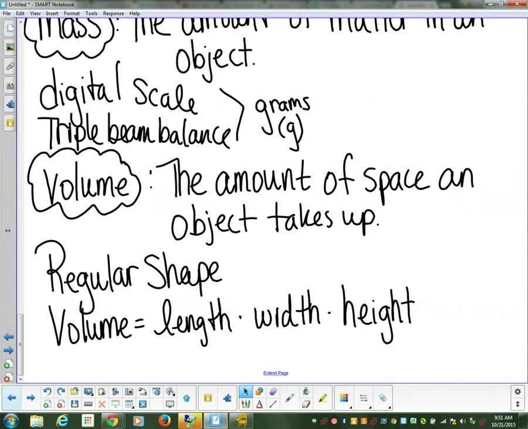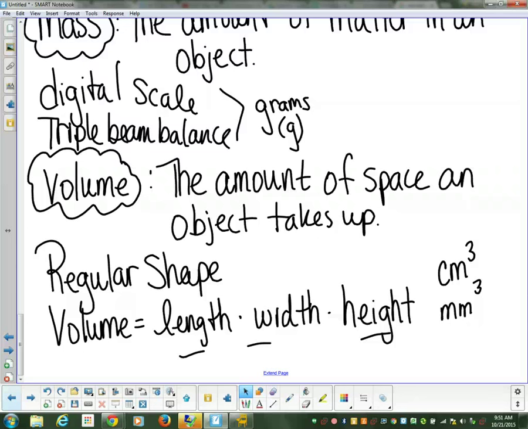Most likely you're going to use a ruler or a meter stick to measure this, so oftentimes it's going to be in centimeters or millimeters. But because there's 3 units to it, and we're counting 3 sides, it's cubed. So it could be centimeters cubed or millimeters cubed, because we're accounting for the length, the width, and the height.